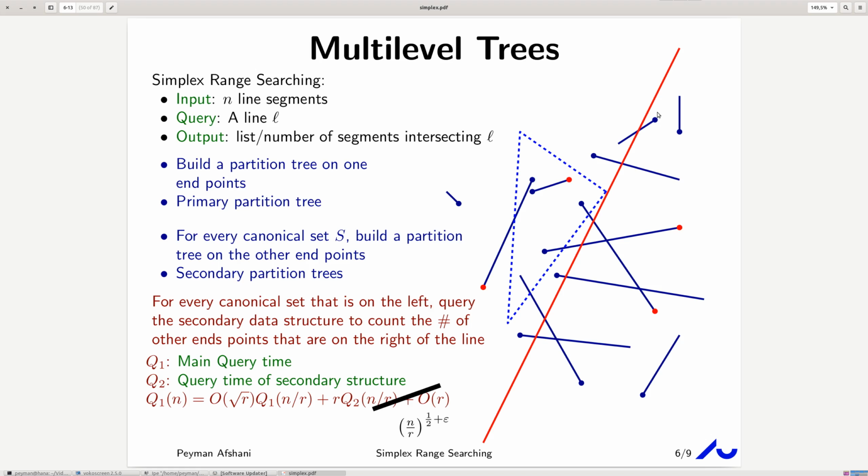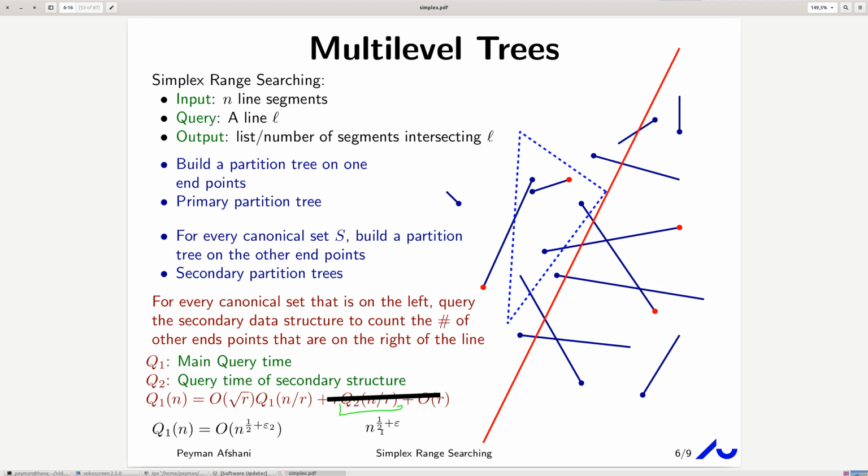Now, what we can observe here is that we know what Q2 is, because Q2 is just a one-level data structure. The Q2 structure is no longer multi-level. So I know this solves to the square root of n over r, essentially. And since r is a constant, we could just absorb everything over here and rewrite this whole thing as roughly square root n, or n to the 1 over 2 plus epsilon.